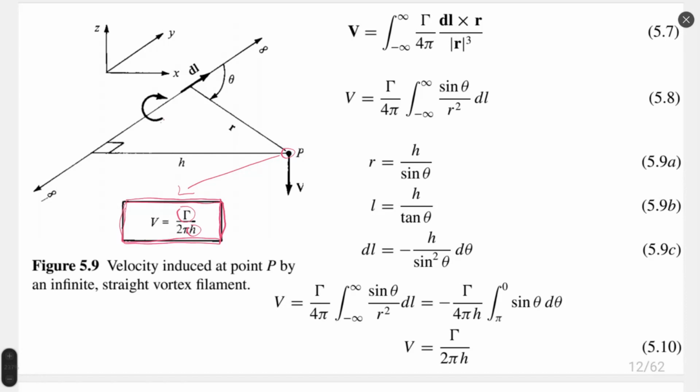For example, if the direction of the vortex is clockwise here, and the point is placed on the horizontal line next to the vortex sheet or vortex filament, the velocity is directed downwards. For us, it's easy because this velocity will be a downwash velocity in our future discussion.